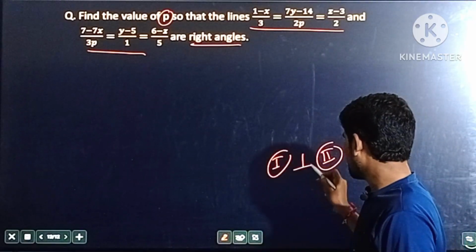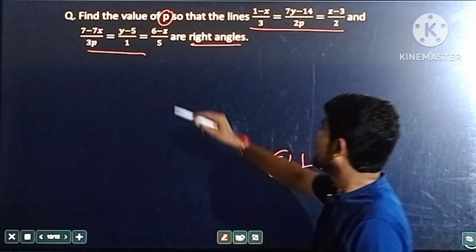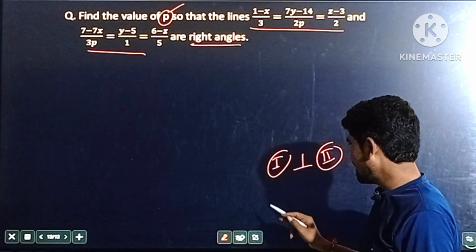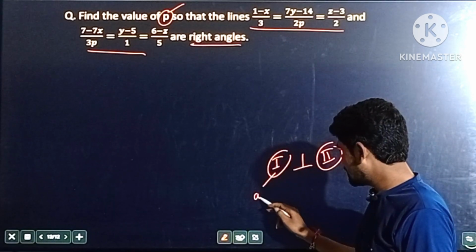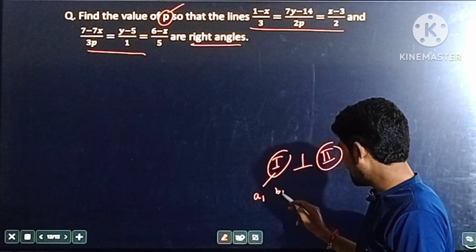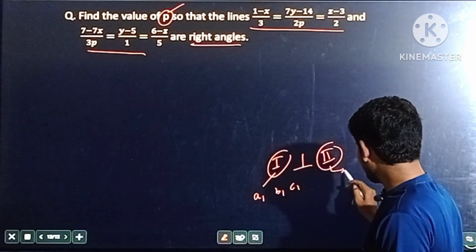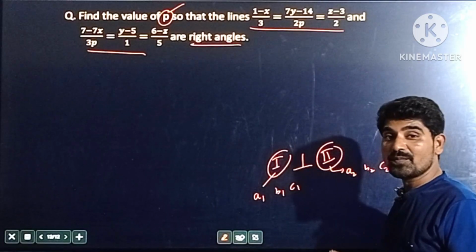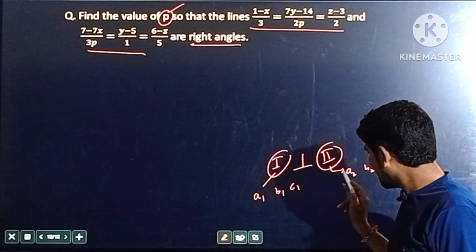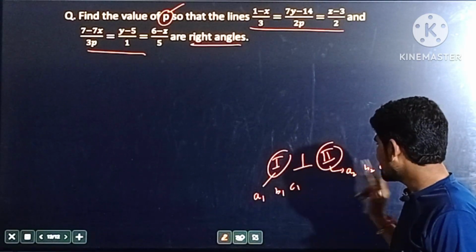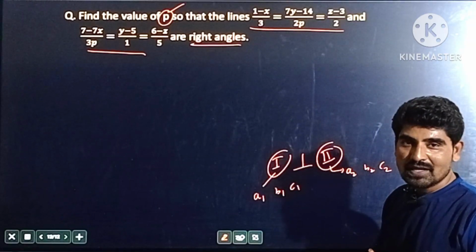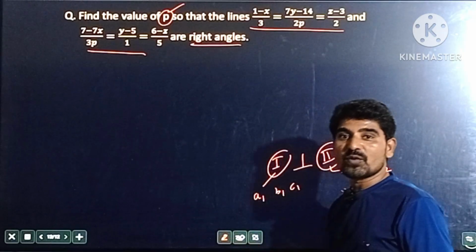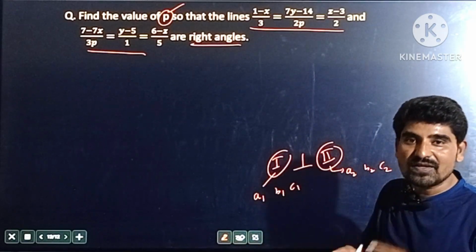In this question, it is given that the first line and second line are at right angles, which means they are perpendicular, and we need to identify the value of P. See here, when two lines are perpendicular, if the direction ratios of the first line are A1, B1, C1 and the direction ratios of the second line are A2, B2, C2, then the condition of perpendicularity of two lines is A1 A2 plus B1 B2 plus C1 C2 equals 0. If any two lines are perpendicular, then the sum of the products of their direction ratios is definitely equal to 0.